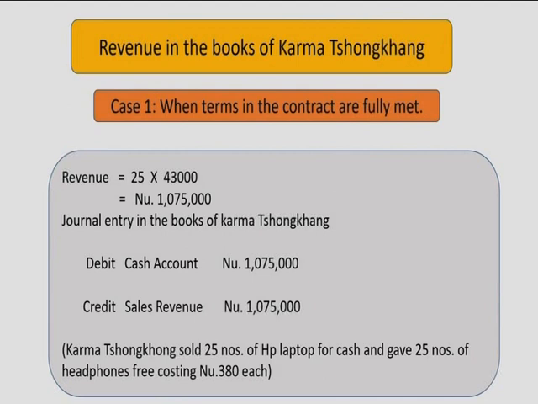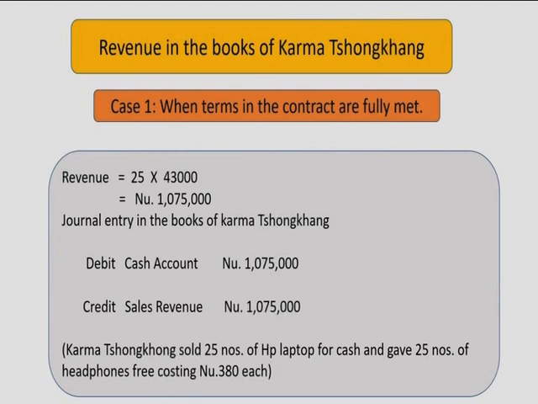So they sold 25 laptops along with the headphones, and it is going to generate a revenue of 1,075,000. 1,075,000 will be the revenue in the books of Karma Tsongkang at the moment.